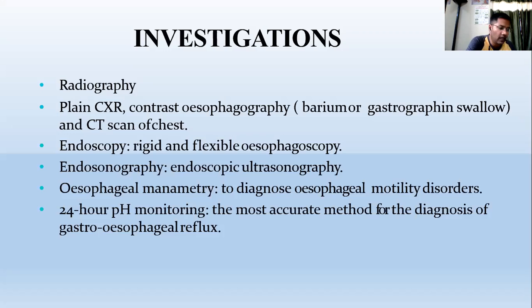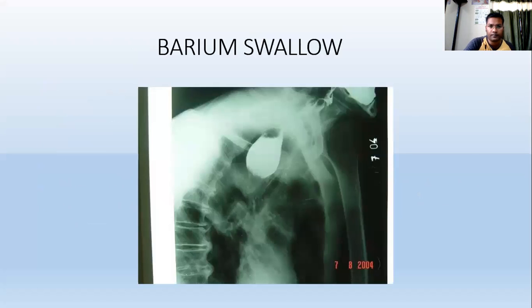If somebody has more gastric secretion, there may be more chance of reflux of gastric acid into the esophagus, which causes gastroesophageal reflux disease. So in suspected GERD, 24-hour pH monitoring is advised. These are a few investigation techniques which should be advised in patients with esophageal disorders.